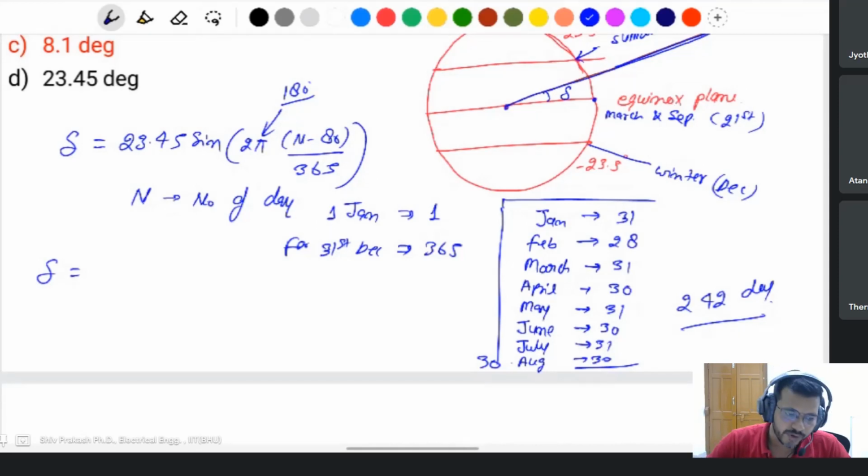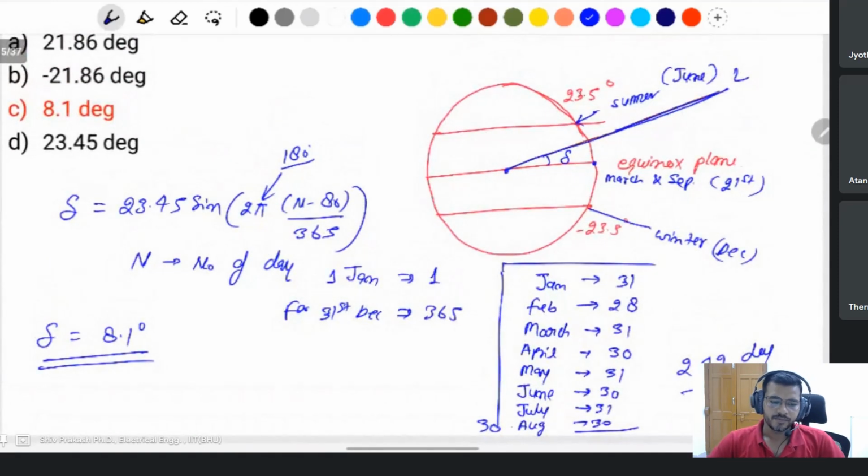It will be 8.1 degree. It means from the declination angle formula you can calculate it for the day of the year.